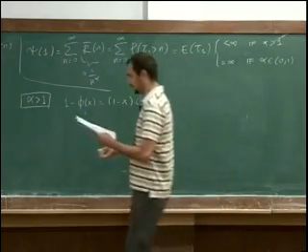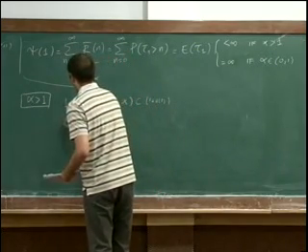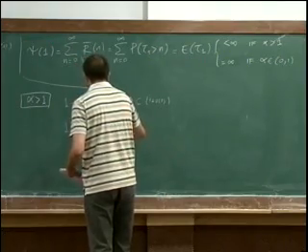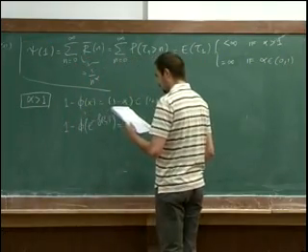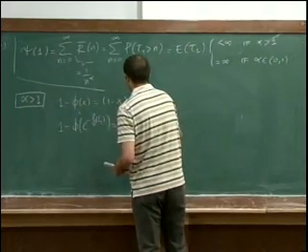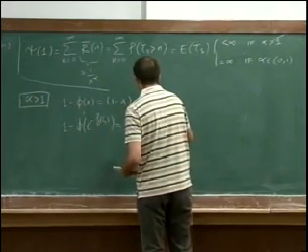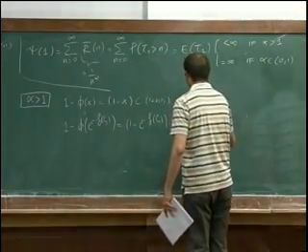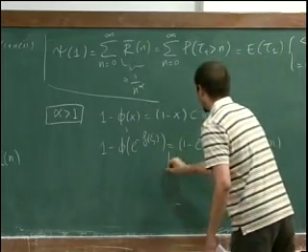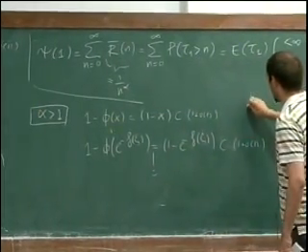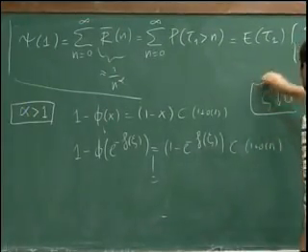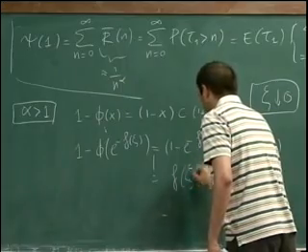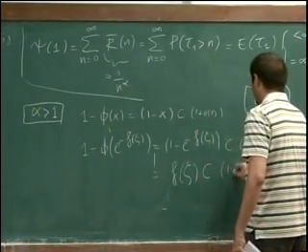But then we can easily see that 1 minus phi of E minus the free energy is equal to 1 minus E minus the free energy times a constant times 1 plus small o of 1. And then this, since as zeta goes to 0, the free energy goes to 0, is just f of zeta times a constant times 1 plus small o of 1.